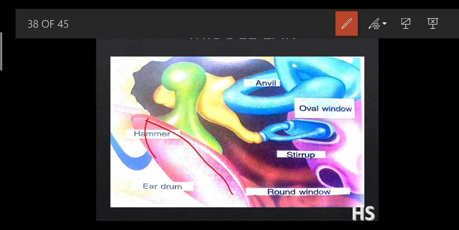With the help of this eardrum, this hammer helps to amplify the sound. The second one is the incus or the anvil, and this will lead to the third part, that is the stirrup.